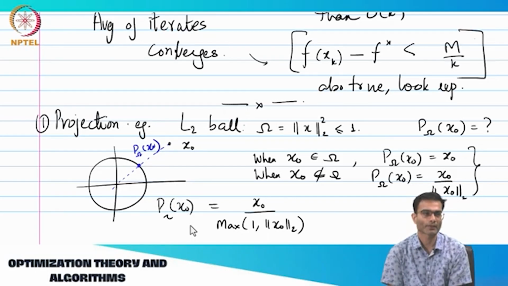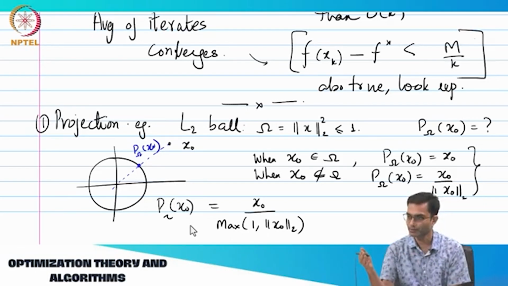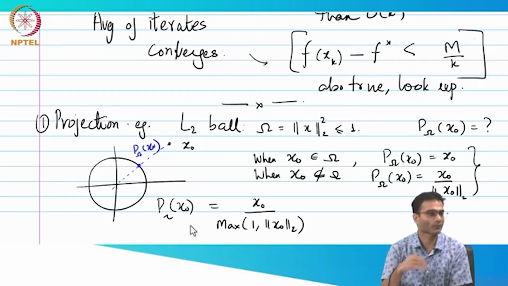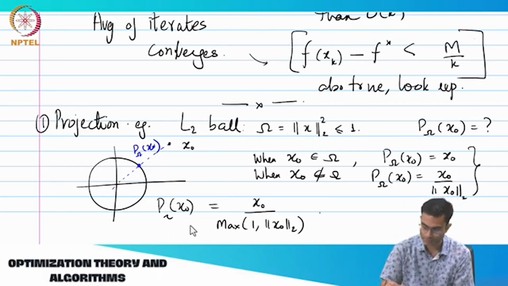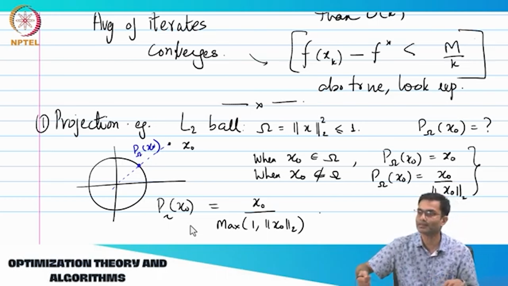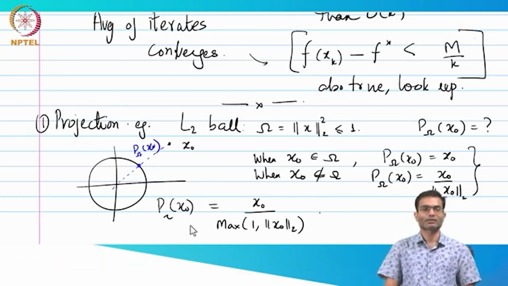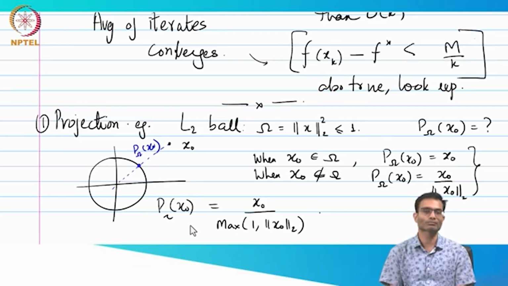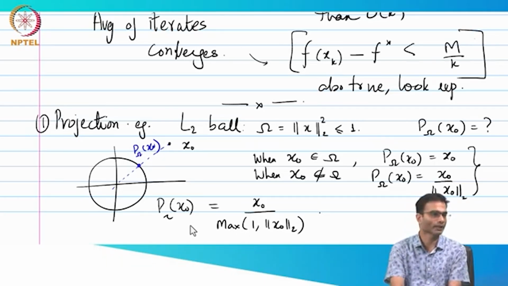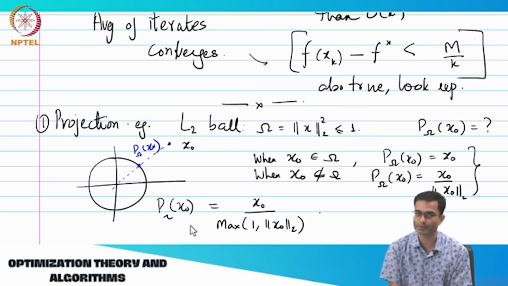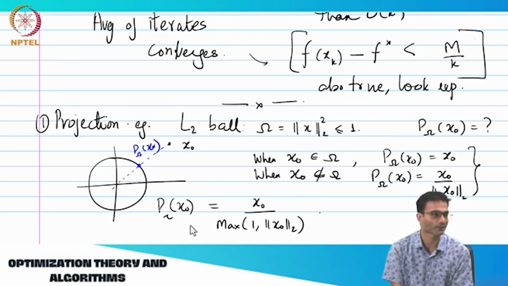Right. When norm of x naught is greater than 1, I'm outside, then this will give me the unit vector. When I'm inside, 1 is greater than the norm of x naught, it gives me back x naught. This is your first very simple example of a projection operation. This was so simple that we did not have to actually solve any optimization problem, and this is a very useful object in itself. You'll come across this in many examples.